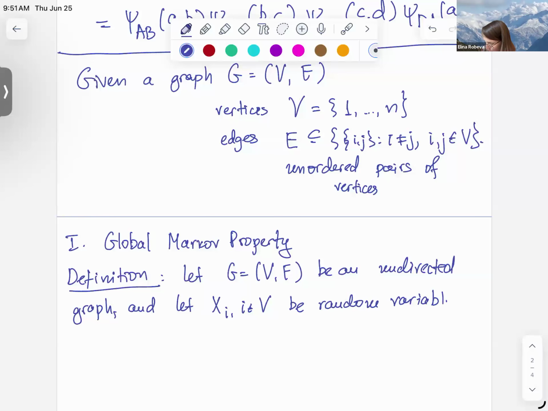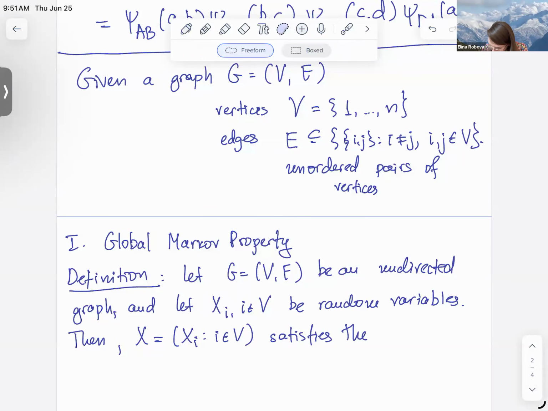So we have one random variable for each vertex. So we just place each one in a vertex. Then X, which is basically a vector that contains all these variables, satisfies the global Markov property with respect to G.